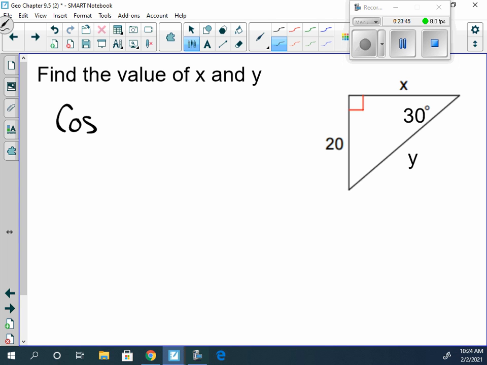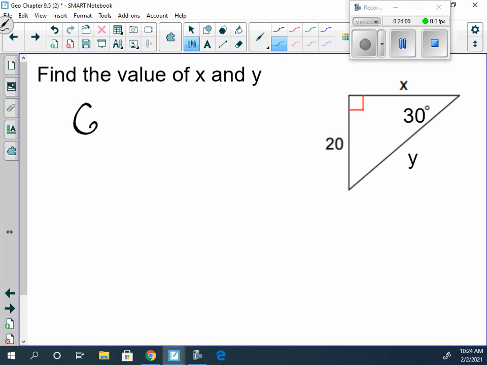So if I take cosine of 30 degrees, well, cosine's what over what? Adjacent over the hypotenuse. So what's the adjacent side? The adjacent side to 30 degrees, it'd be x.